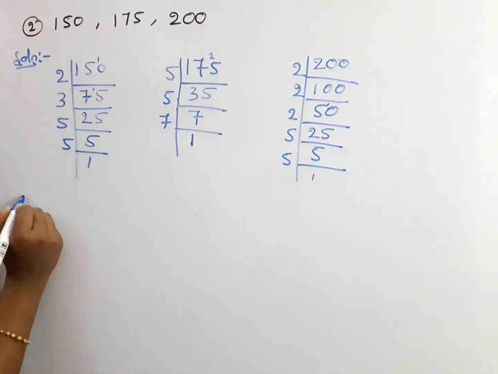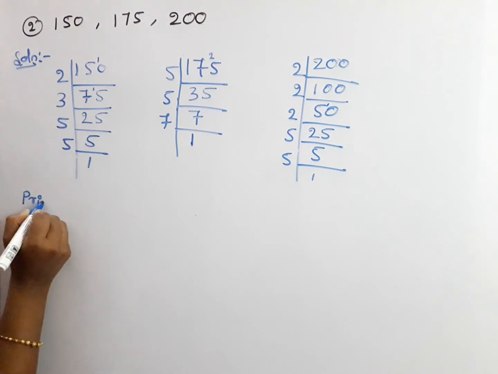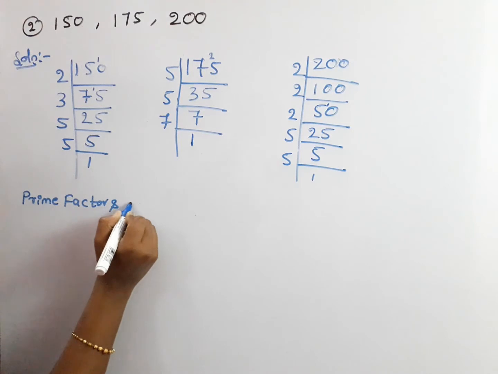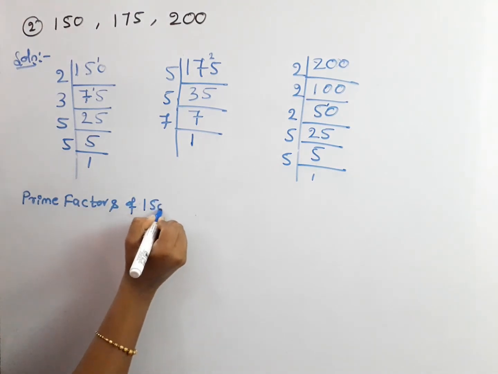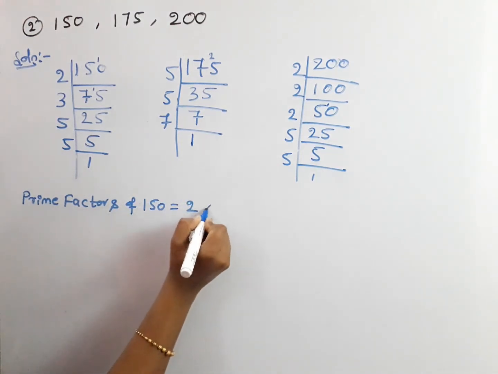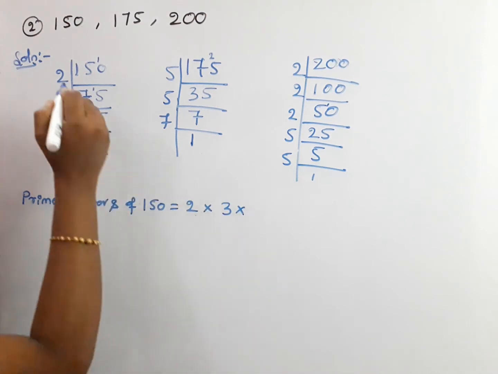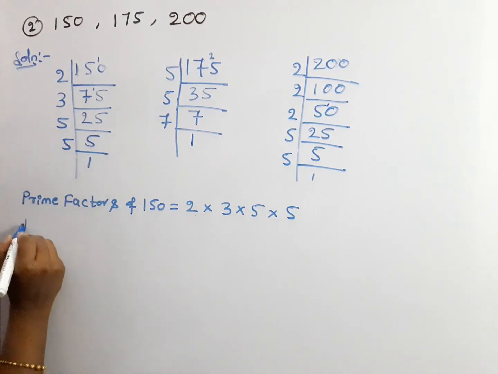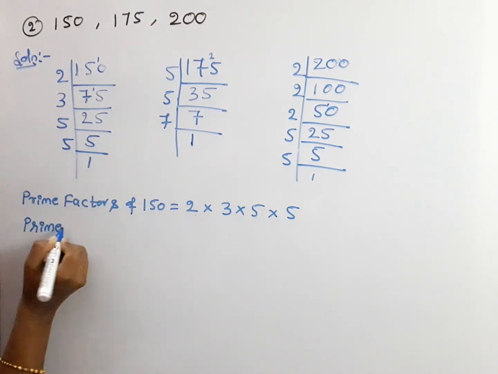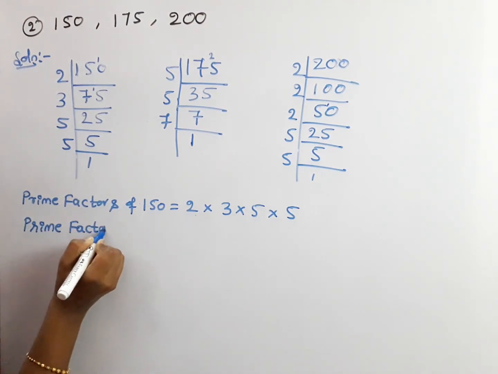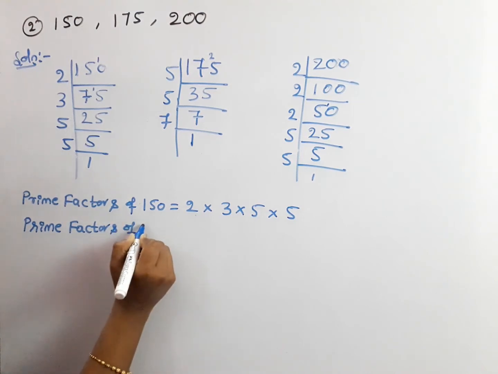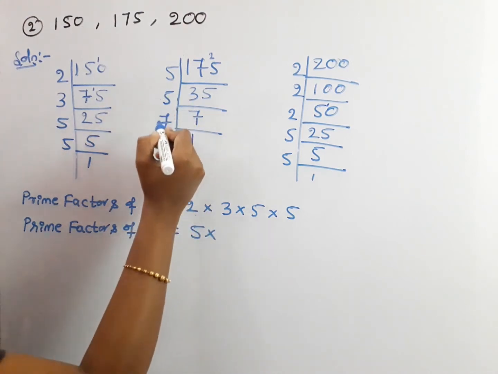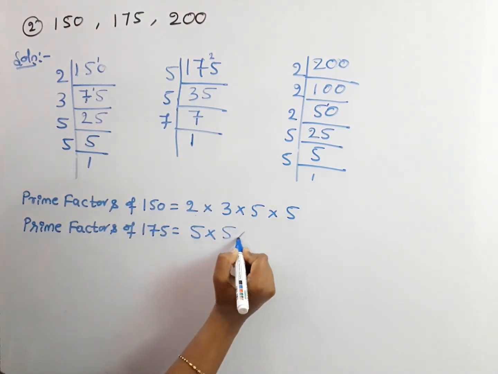So here write the prime factors of 150, which is equal to 2 into 3 into 5 into 5. Then write the prime factors of 175, which is equal to 5 into 5 into 7.